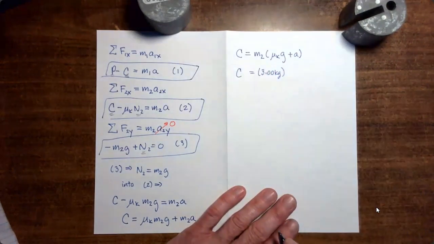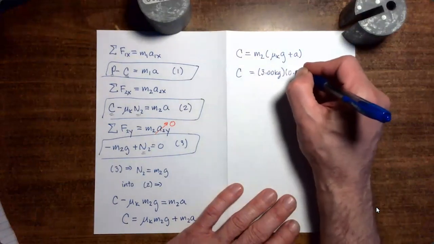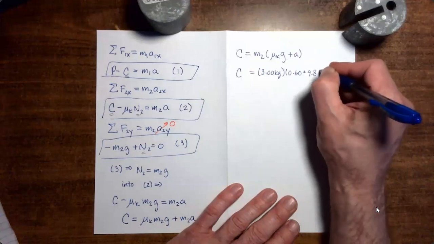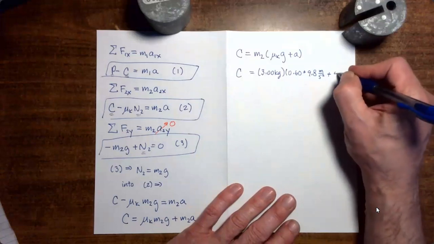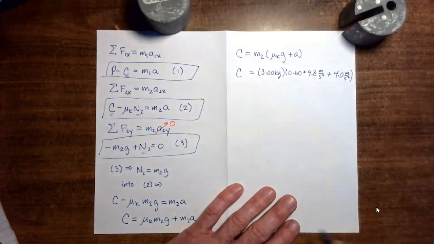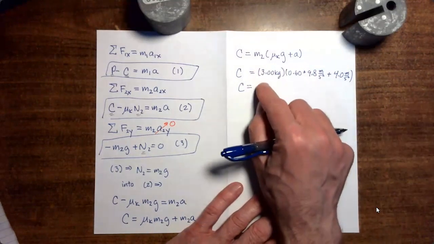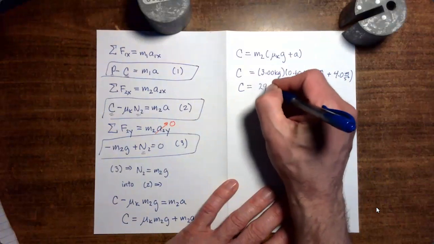Mu k, 0.6. g, 9.8 meters per second squared. The acceleration was 4 meters per second squared. So put that in your calculator, and your calculator will probably spit out 29.6.